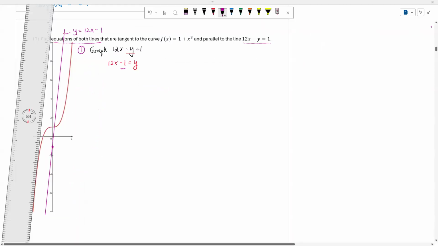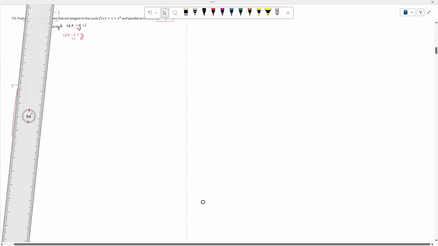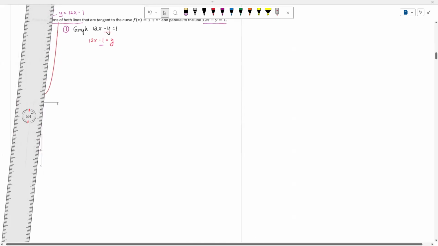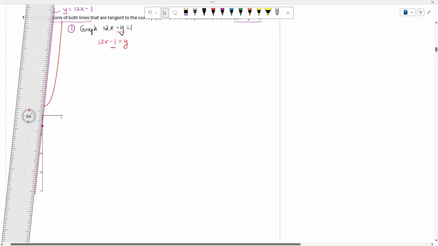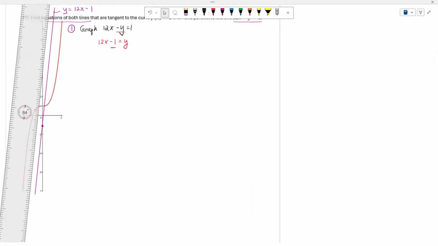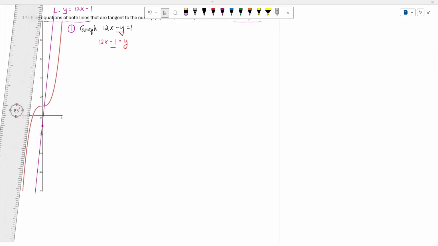And then now, what I would like to do is draw the two tangent lines that are tangent to the curve.